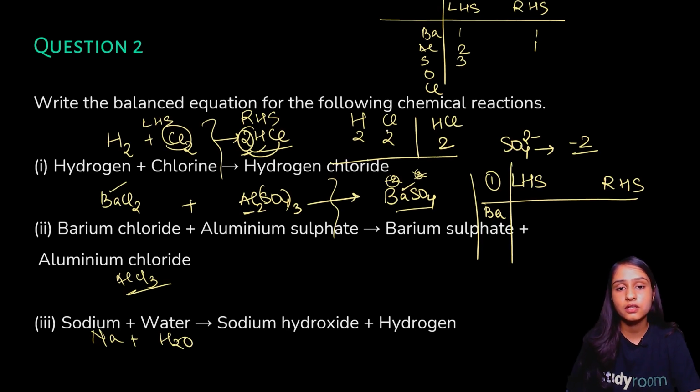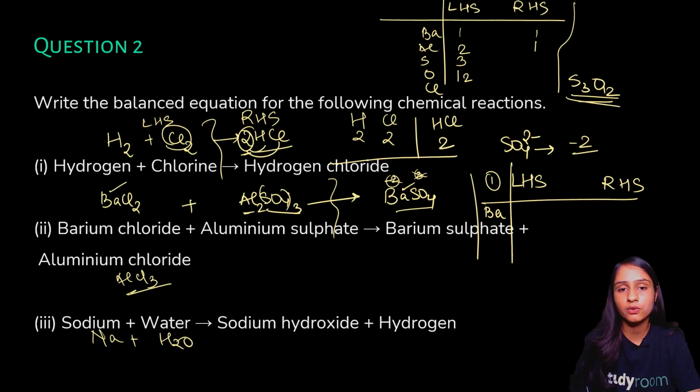And the number of oxygen atoms is 12, right? Just multiply it. This is the simplest form that I can explain to open the bracket. Also, what is the number of fluorine? 2.